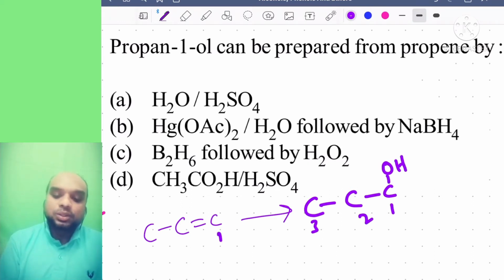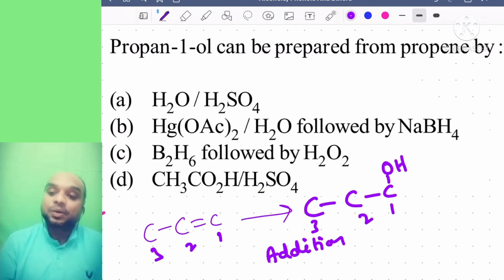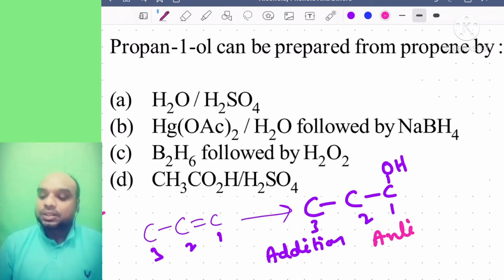An addition reaction takes place here, but the OH is attached to the first carbon, which means it is undergoing an anti-Markovnikov addition.